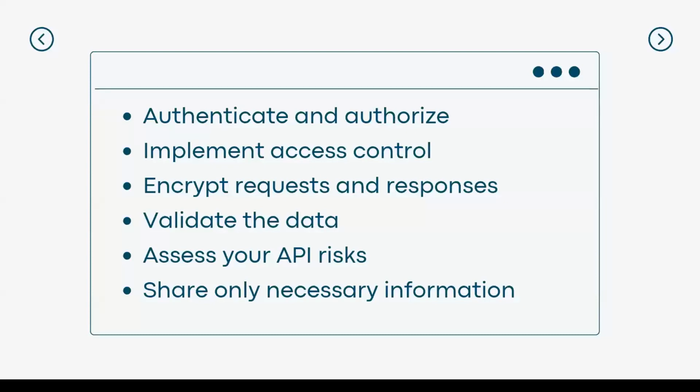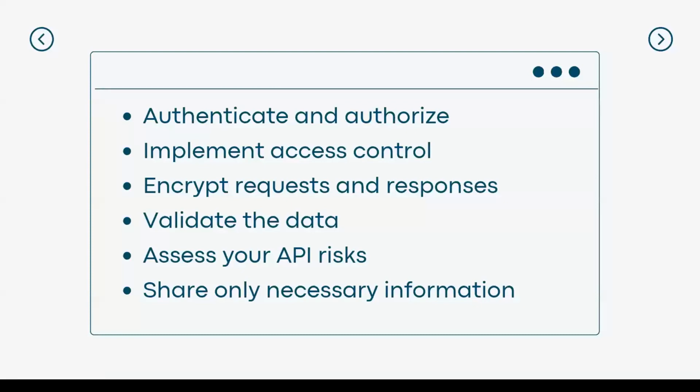We have authentication and authorization. Authentication is ensuring that your API is verifying the users that are trying to access your API, so that people accessing it are authenticated, legitimate users.